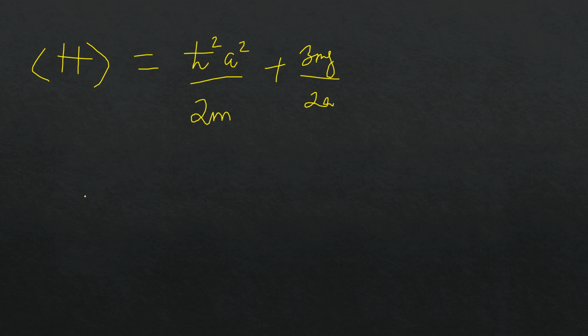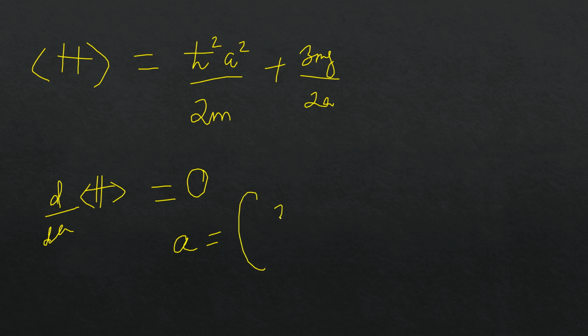From there you can take the derivative with respect to a and make it 0, and after that you will get the value of a. The answer will be 3 by 2 m square g divided by h cut square, to the power 1 by 3. That will be your answer.